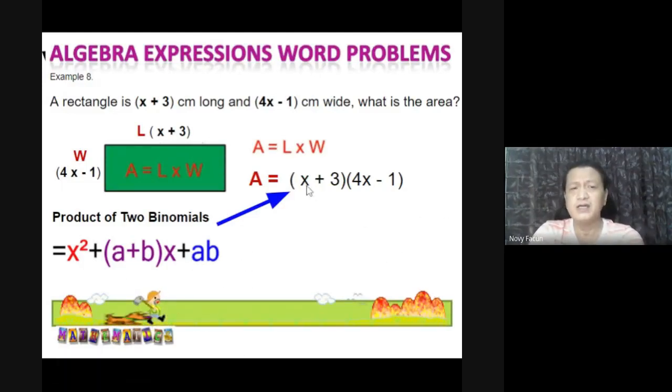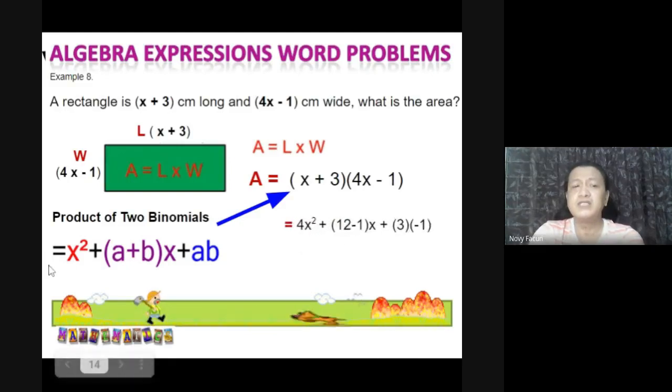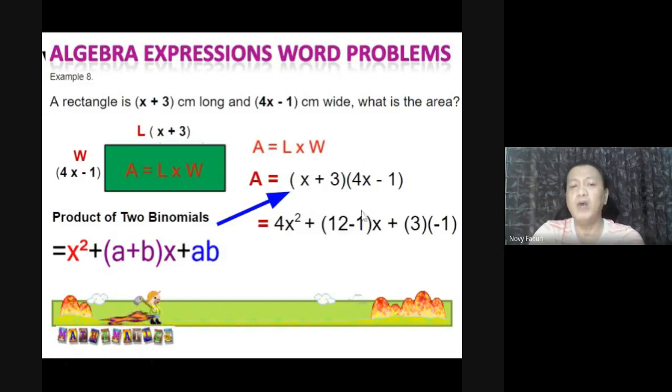So meaning to say, you have to substitute the given formula. We have 4x squared plus 12 minus 1 x plus 3 times negative 1, because x times 4x, ito yon yung product of the first term. And then, since we already have the a, b, ang a natin ay, okay, so this is 12. Saan ang galing yung 12? So, minultiply lang siya. Remember, this is the FOIL: first, outer, inner, last.